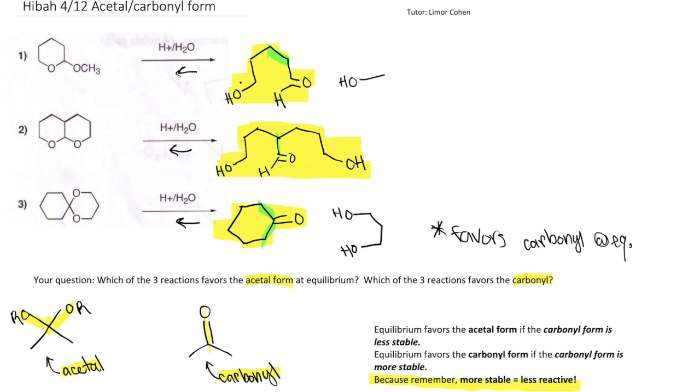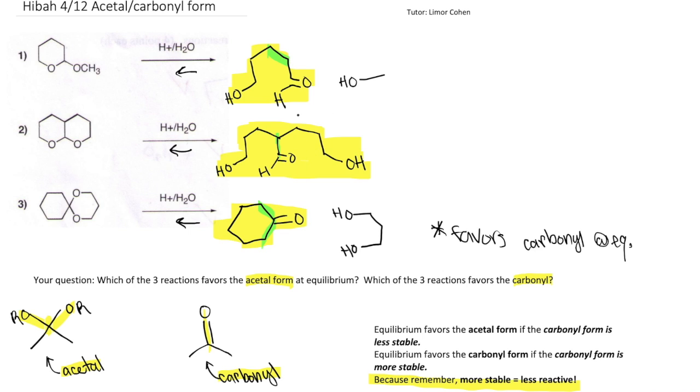So now we need to look at these two molecules here. Which one will favor the acetal form at equilibrium? We've talked about how if we have electronegative substituents attached, this will pull away electrons from our carbonyl carbon, making it more positive, less stable, and therefore more willing to react and convert to the acetal form.